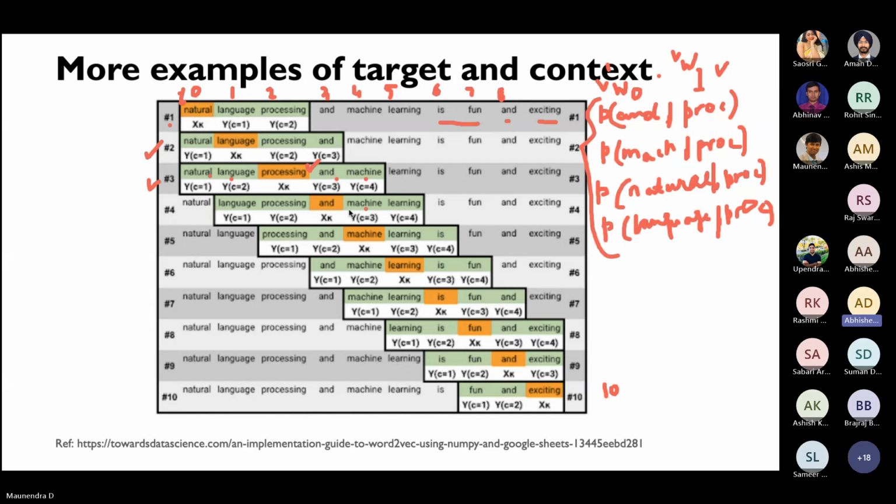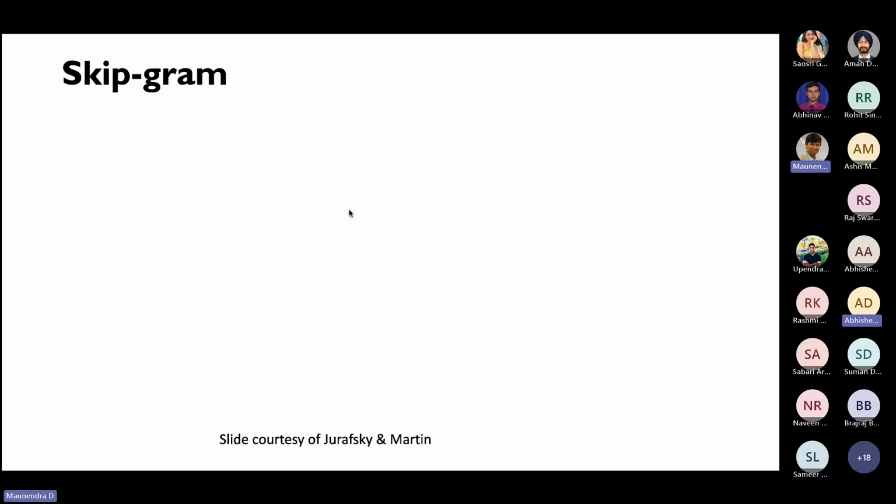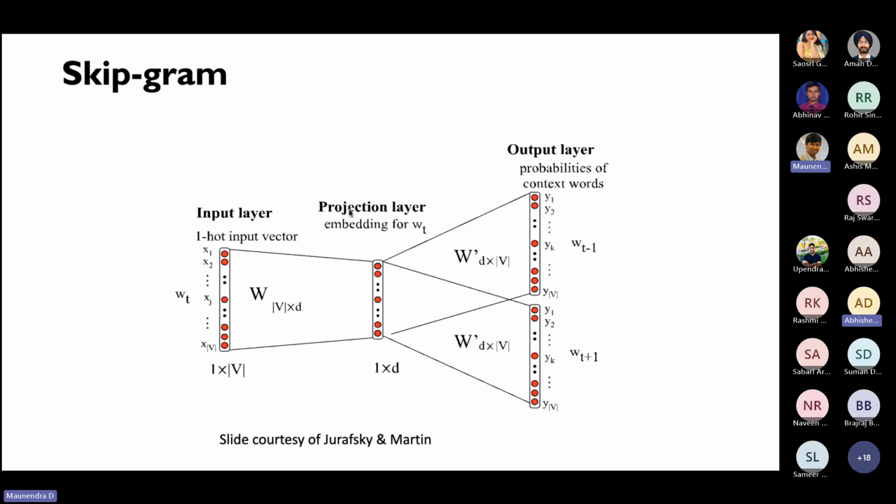Sir, one doubt I also have on the network model page, if you can go there. So here there are two things. One is your model weight, and another is the input vector. We need to also learn the input vector itself, right? No, this is nothing but one hot representation.